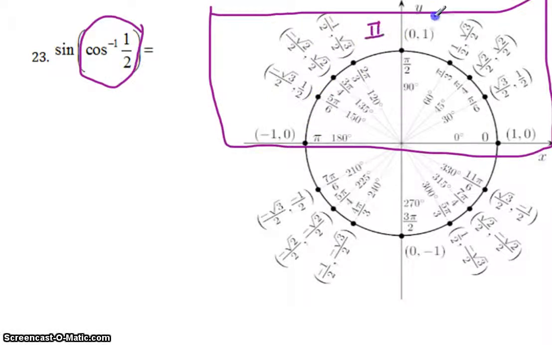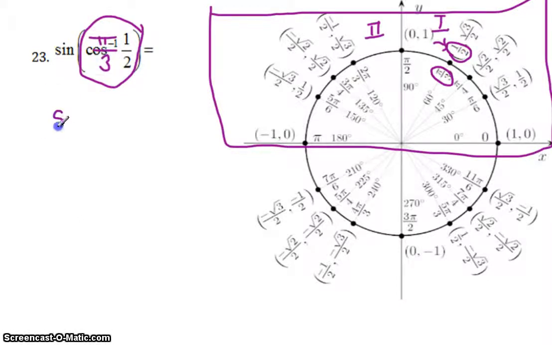So that means my numbers stay the same. But since my cosine is positive, it's going to be in this row. I'm looking at all 3 of these x's, or all 5 of these x's. A half is located right here. So that means this is now going to equal my angle, which is pi over 3.